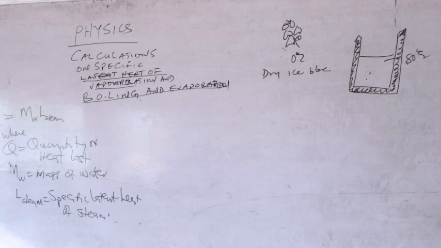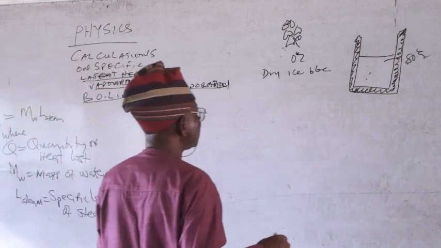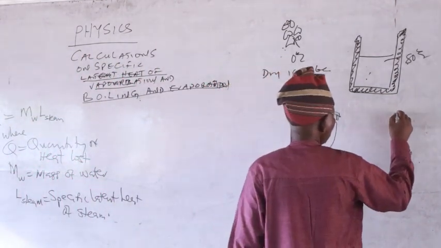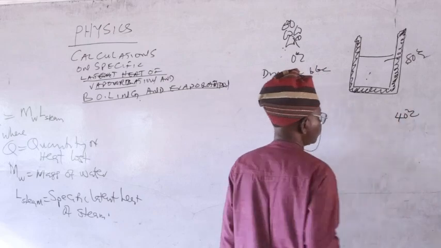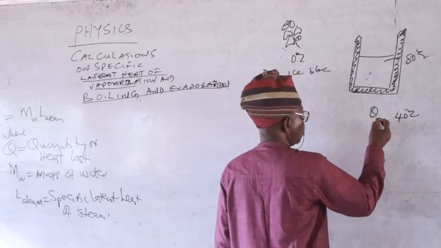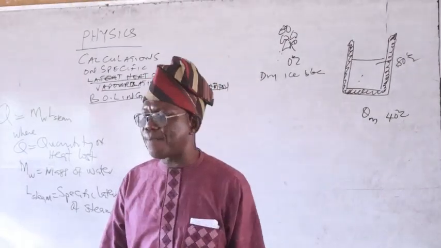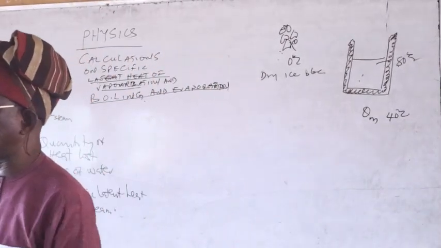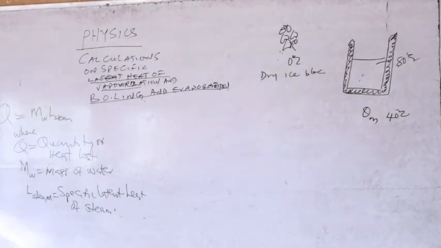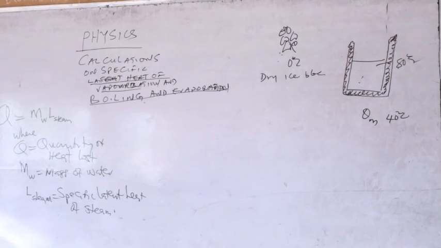Another hypothetical thing you need to know. I want to know who is going to tell us that. Supposing the mixture temperature is 40 degrees Celsius. That's a steady temperature. What happened to the heat gained by the ice block if the mixture temperature is 40 degrees Celsius?